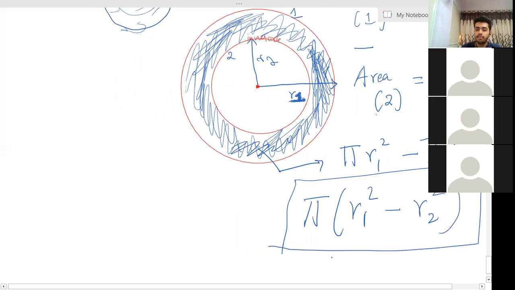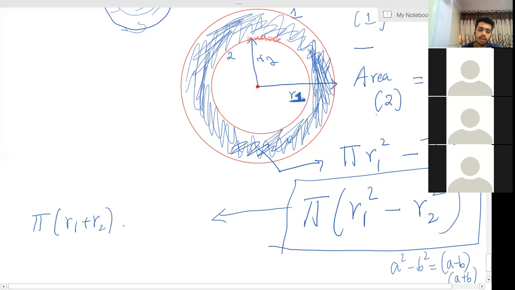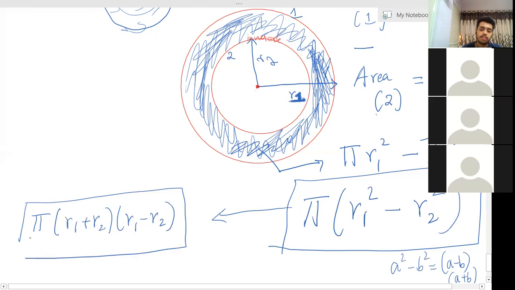If you want to simplify it even more, you know that r1 square minus r2 square is the same thing as the identity a square minus b square, which is equal to a minus b into a plus b. This is in the identity chapter. So you can write it as pi into r1 plus r2 into r1 minus r2. This is the formula for finding the shaded region.